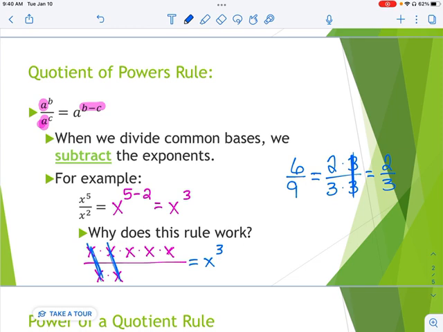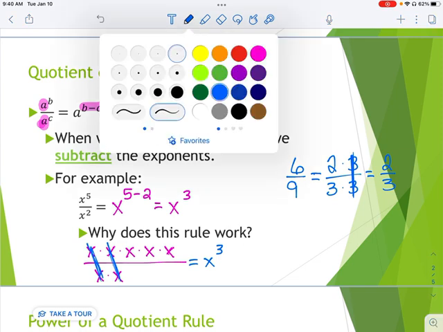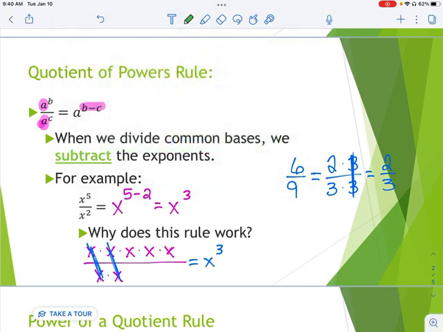Now, the reason I like to show this though is if I were to give you a problem like x to the fourth over x to the eighth. When you stop to think of that, that means you have 4 x's in the top, you have 8 of them in the bottom.